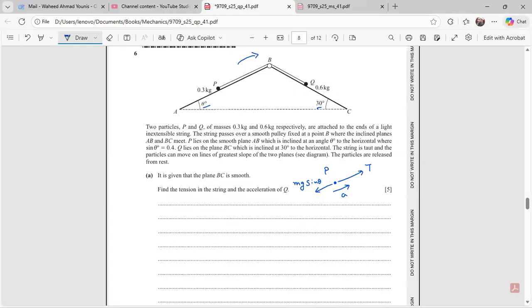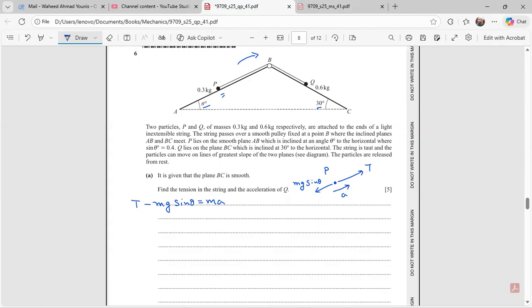So this tension minus mg sine theta is equal to ma, where m is the mass of this P. In this equation, I know everything except T and a. These are the two unknowns.